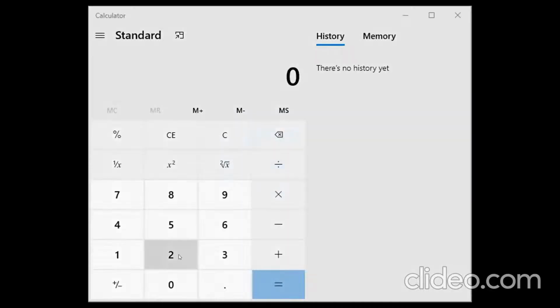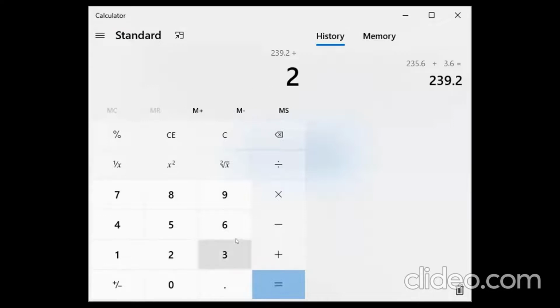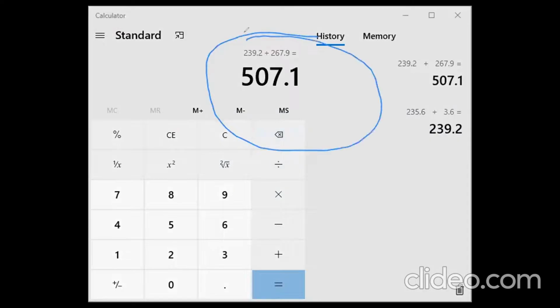Hold on for a minute, guys. 235 plus 267. That was over $500 profit in one day. So yeah, that's what I made off of this trade, guys. So my home screen.